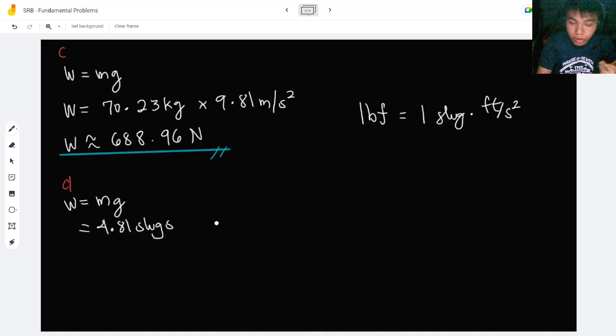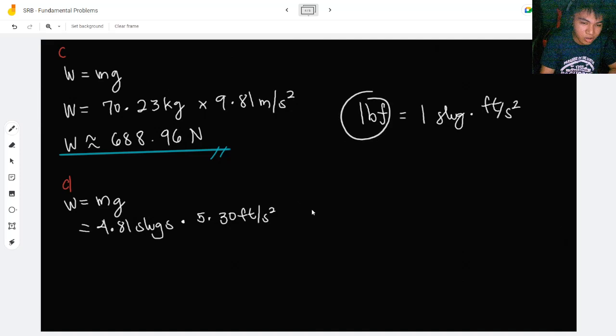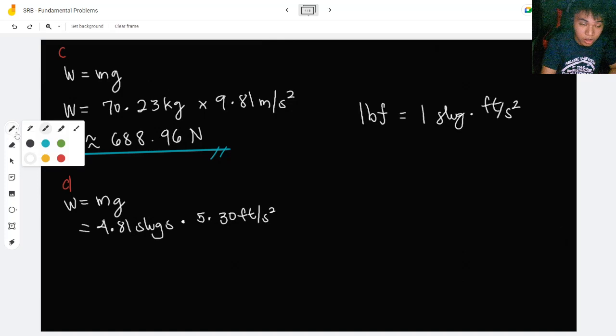Let's just use the rounded off value for now, and we multiply that by 5.30 feet per second squared, and that will give you the pound force unit, which is a unit of force in pounds.